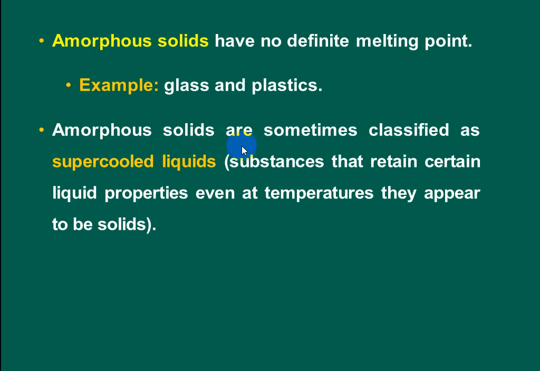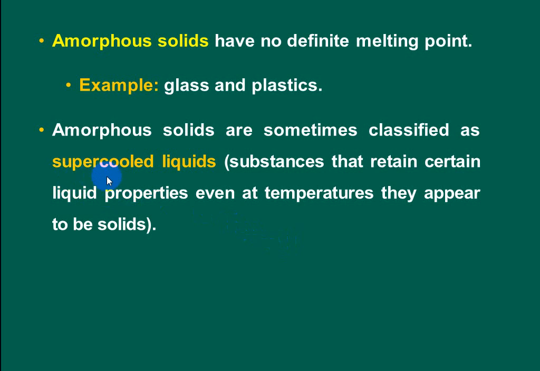Amorphous solids are sometimes called supercooled liquids. What are supercooled liquids? They keep certain liquid properties even at temperatures that appear to be solids. They appear to be solids, but they have some properties of liquids. They can flow, but at a very low rate.